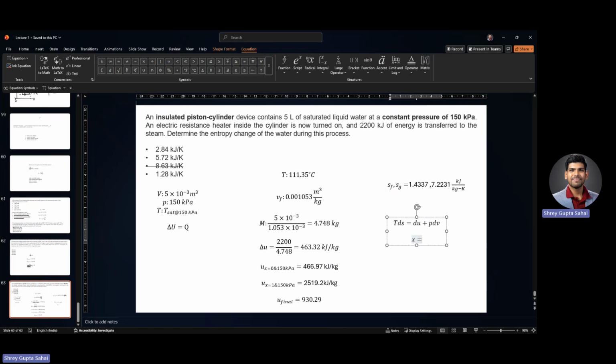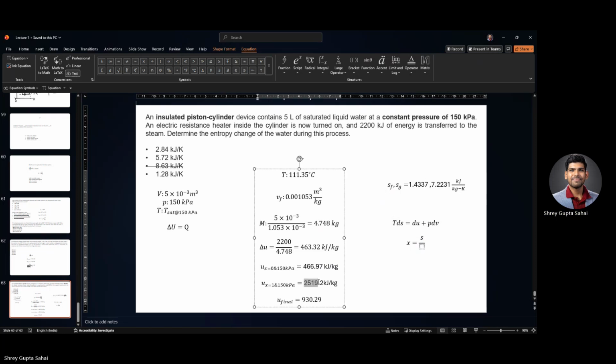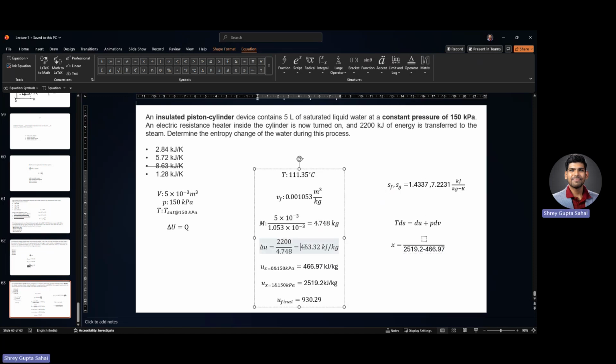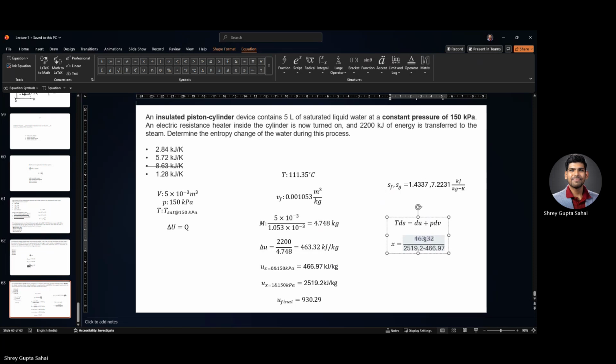That has to be 466.97, and this is the change in energy.